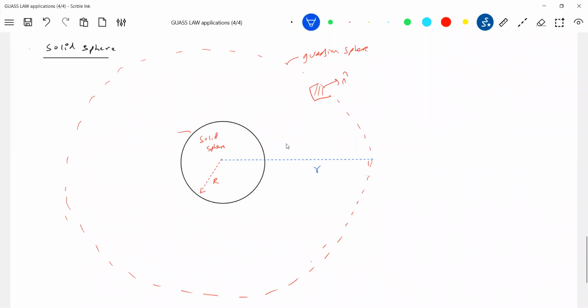E bar will be directed towards the center; I'll write it as E out. And this is the elemental surface ds. Everywhere E bar will be anti-parallel to n cap, and E out will be constant at a distance r.